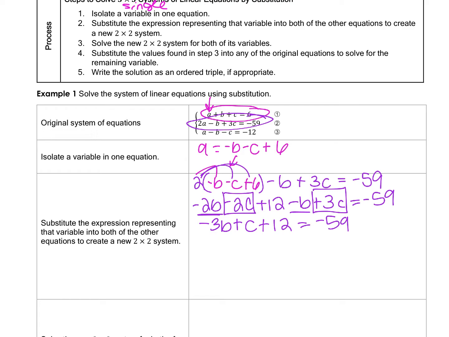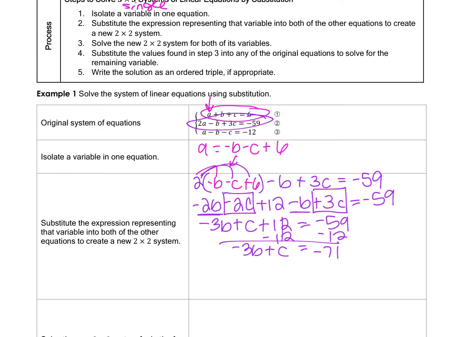Once we substitute and distribute and combine like terms, we need our variables on one side and our constant on the other. So I'm going to subtract 12. That's negative 3b plus c equals negative 71. So there's one equation.